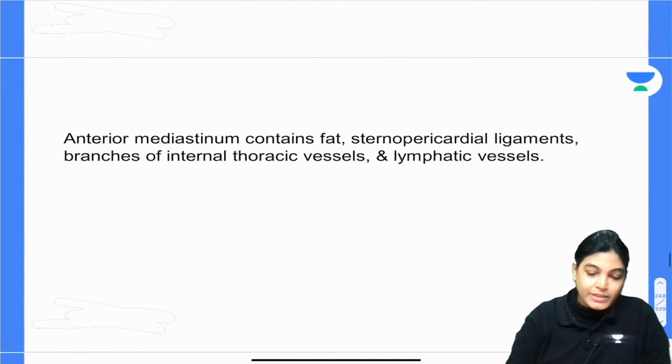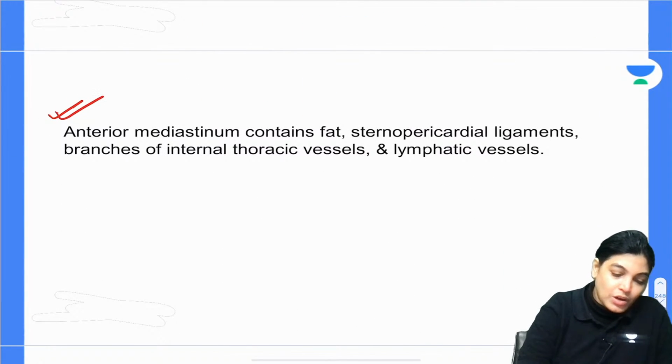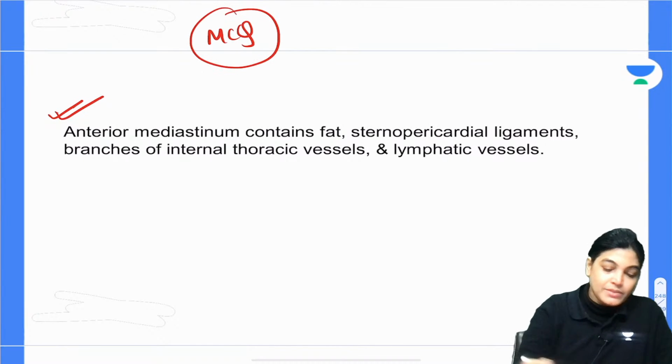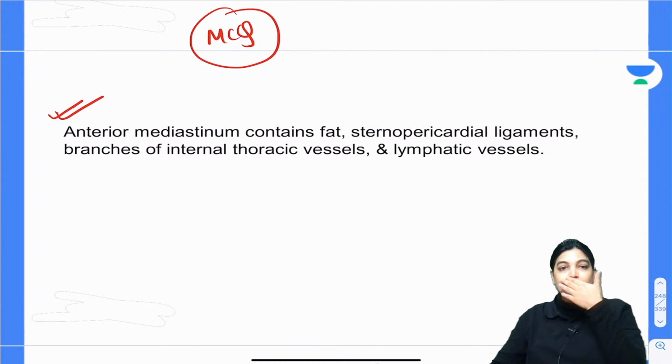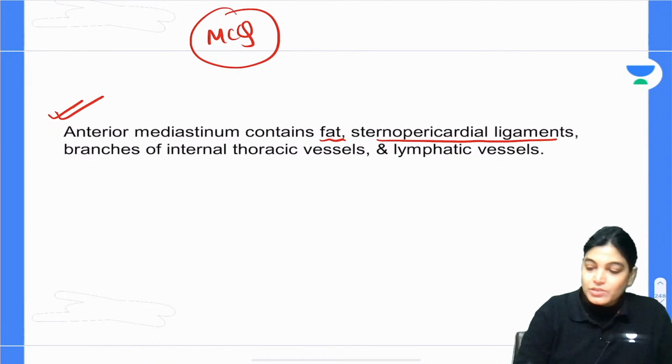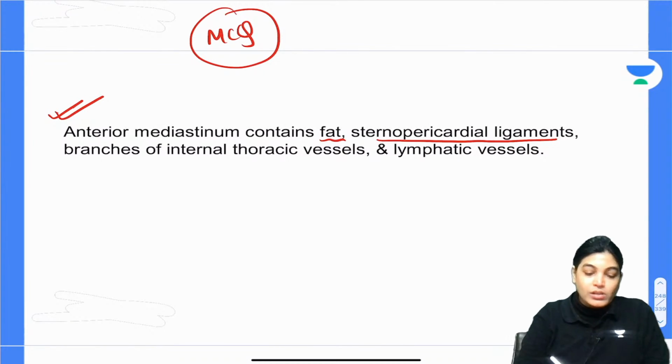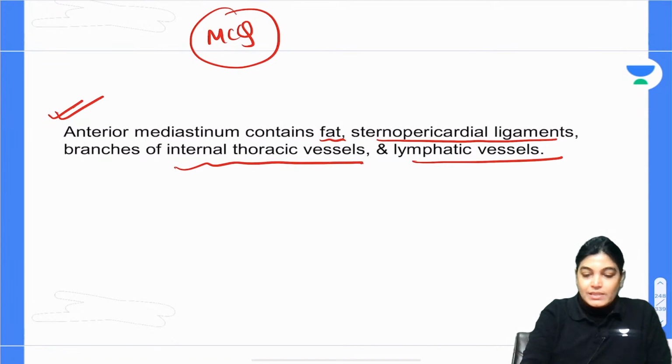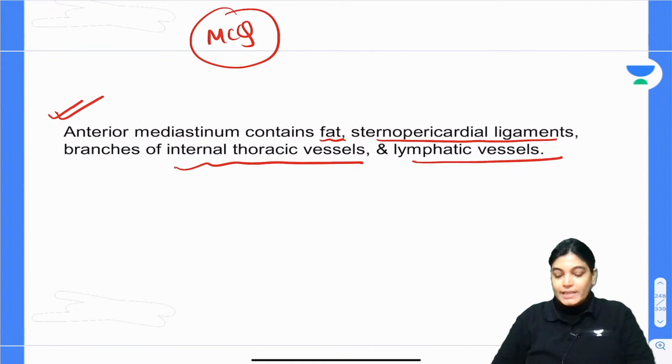Okay. So my dear aspirants, please note down, this is important for MCQ, the contents of anterior mediastinum. It contains fat, it contains sternopericardial ligament, also the branches of internal thoracic vessels and lymphatic vessels. So all these structures are the content of anterior mediastinum.